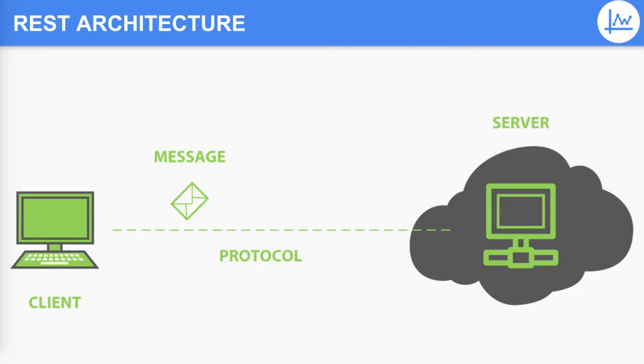Let's talk about REST. REST is an architectural style in which clients and servers exchange representations of resources by using a normalized interface and protocol. Despite the fact that REST is not a protocol, most RESTful web services utilize standards such as HTTP, JSON, and XML.